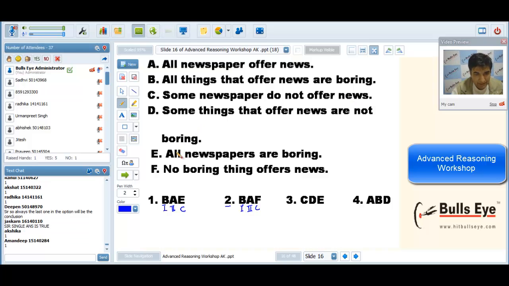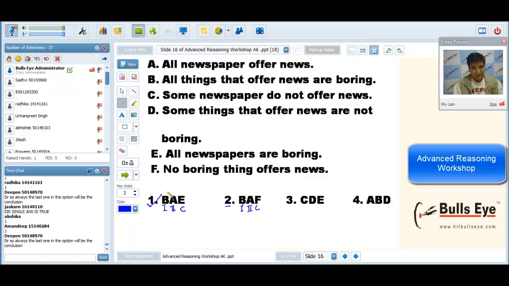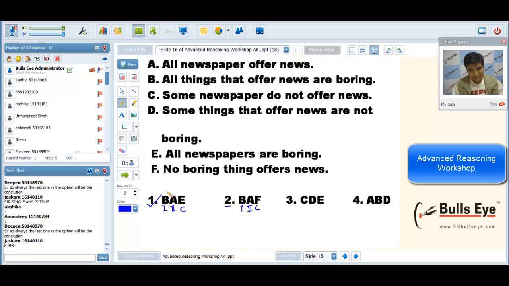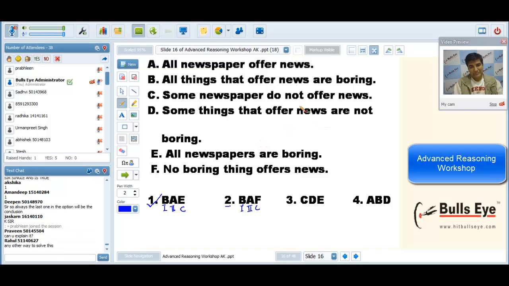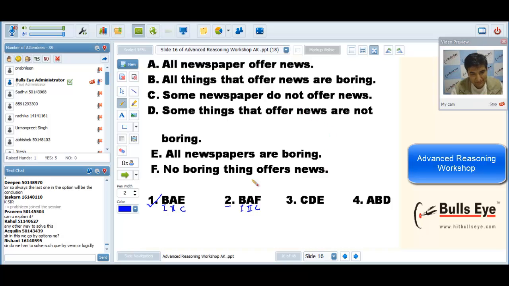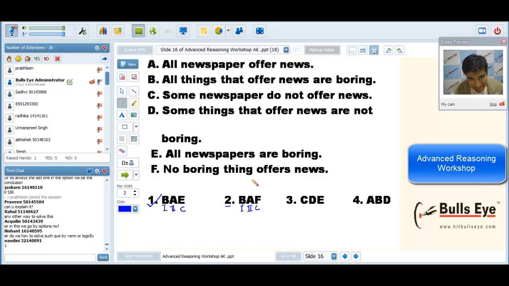Yes, option 1 is true. Only a single answer is true. There cannot be multiple right. The last option will be the conclusion. We have to solve these questions by the same method.